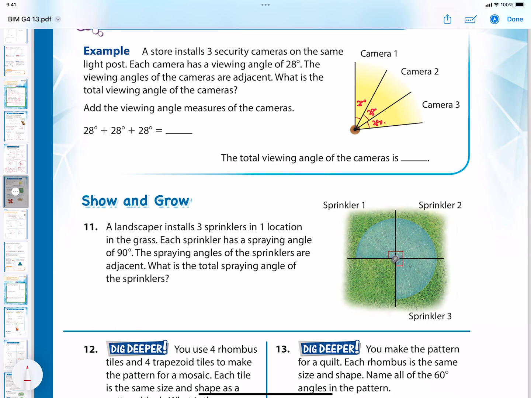Yes, they are sharing one vertex and at least one side each, a common side. What is the total viewing angle of the cameras? Add the viewing angle measures of the cameras. We need to add together: 8 times 3 is 24, and 2 plus 2 plus 2 plus 2 is 8, so 84 degrees.